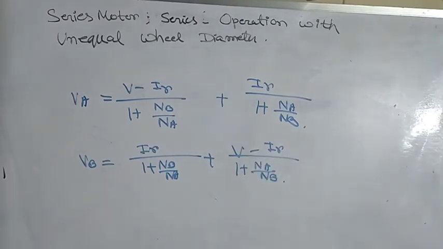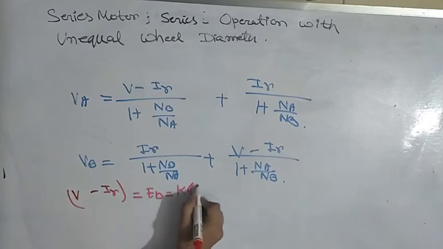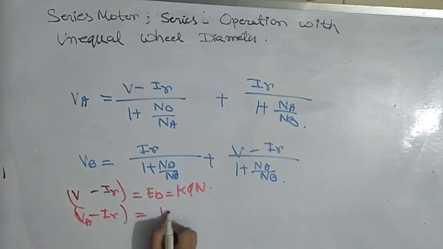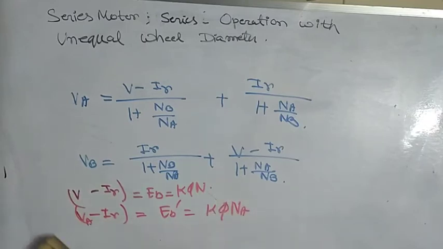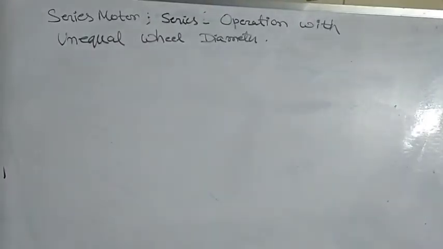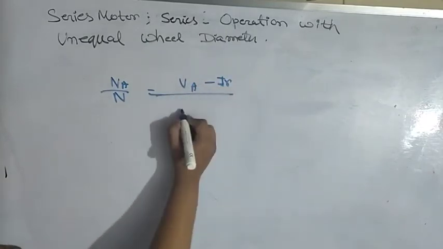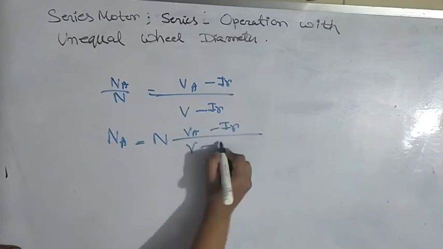Now if for a supply voltage V and loading I ampere of the motor, the speed is N for either motor, as they are identical, then V minus IR equals EB equals K phi N. And VA minus IR equals EB dash equals K phi N. Therefore NA by N equals VA minus IR by V minus IR, or NA equals N into VA minus IR by V minus IR.